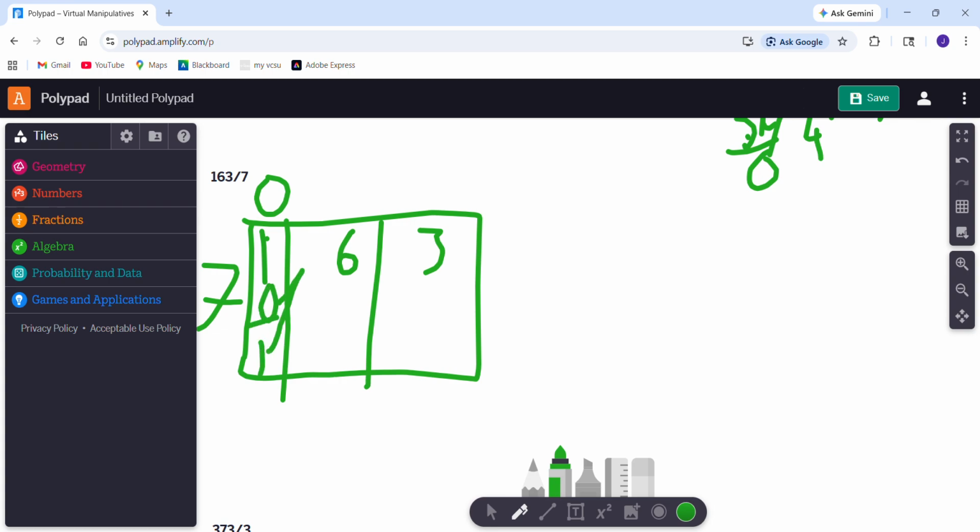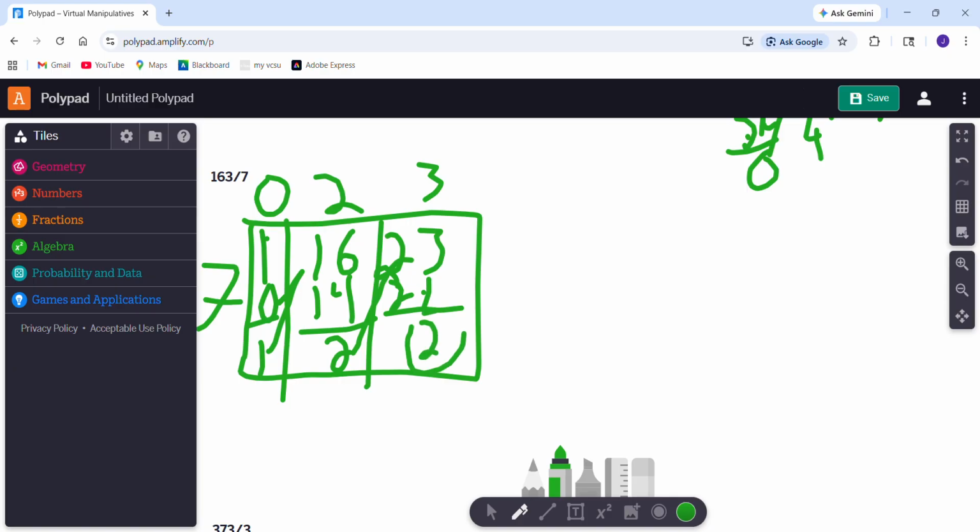That 1 carries up to here. 7 goes into 16 twice. 2 times 7 equals 14. 16 minus 14 is 2. The 2 goes back up top to here. 7 goes in the 23 3 times. 7 times 3 is 21. 23 minus 21 is 2. This is your remainder. So your answer is 23, remainder 2.